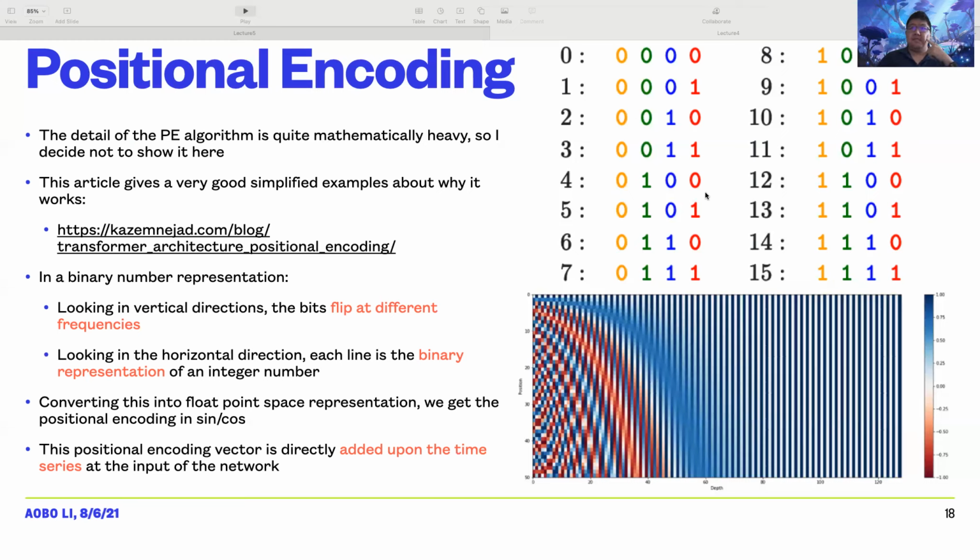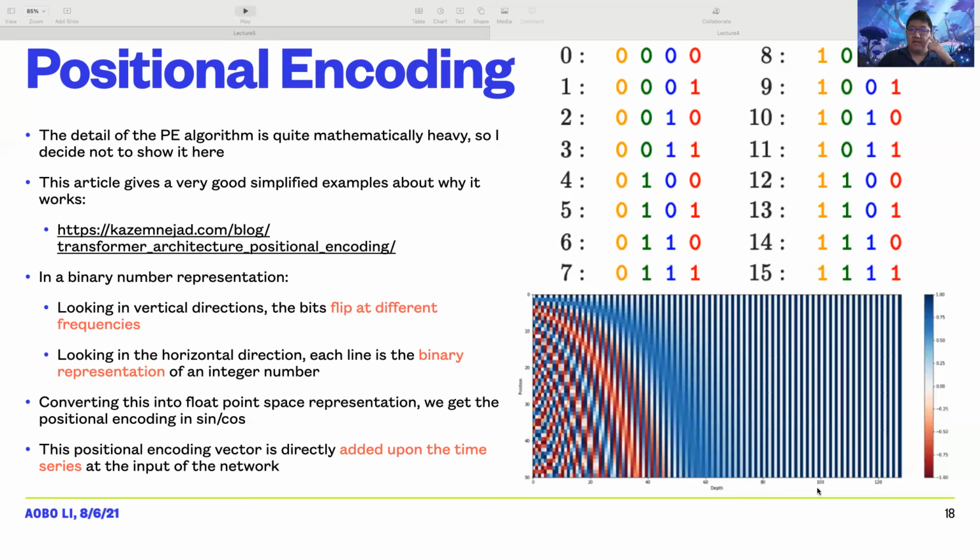In the machine learning case, we don't usually use binary numbers to represent information because it's kind of a waste of space. So basically, the idea is to convert this into a floating point space representation. And then we will get the positional encoding in sine and cosine that we talked about. Remember we have the sine and cosine oscillating at different frequencies.